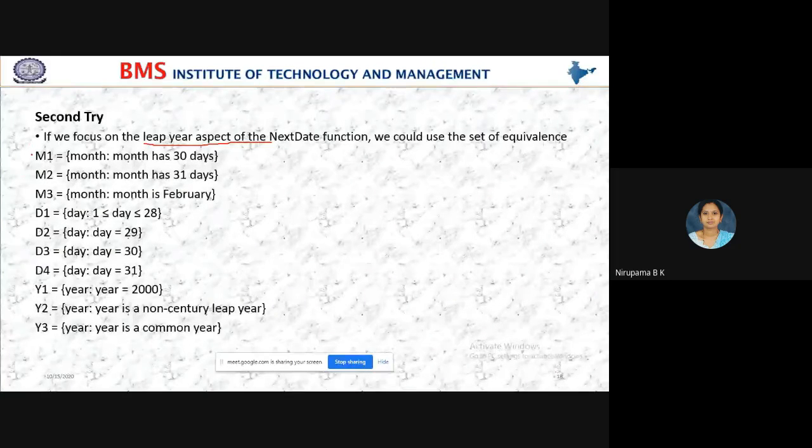See, here also we have taken 3 months condition and 4 days condition. Here one more thing which is added is we are taking a specific year.